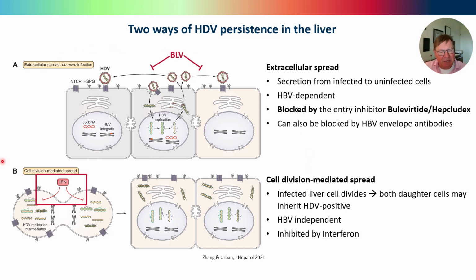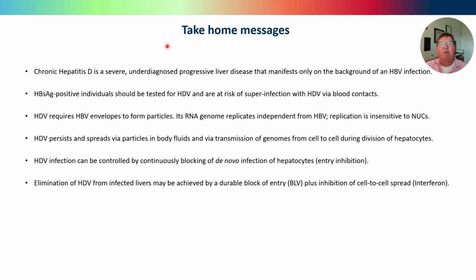Let me just end with a summary of possible spreading mechanisms of the virus and sum up with some take-home messages. So chronic hepatitis D is a rare, underdiagnosed progressive liver disease that manifests only on the background of an HBV infection. HBV positive individuals should be tested for Delta and are at risk of superinfection with Delta via blood contacts.